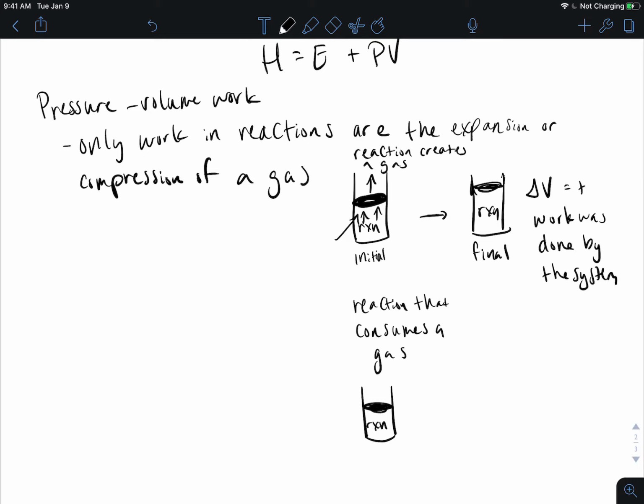As that reaction consumes gas, in order to maintain pressure, the surroundings will push down onto our system, and we will get a compression. In this case, our delta V is going to be negative, and work was done on the system.